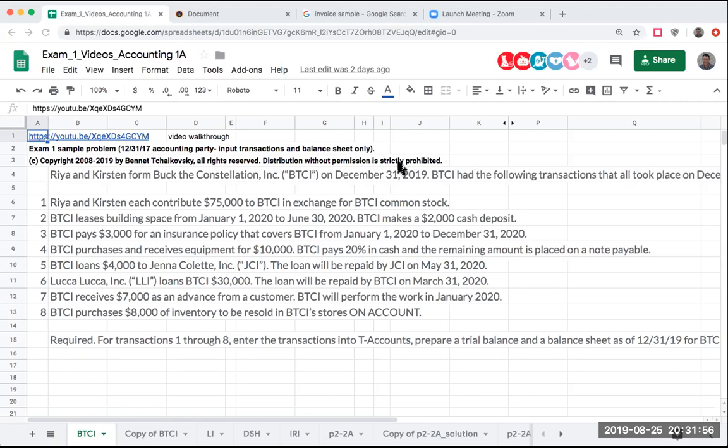I have a question with the spreadsheet. Sure. Everything that's in there, it's due before the exam, or pretty much. So the purpose of the spreadsheet, for this exam one video in accounting 1A, is to create for you the typical types of problems that I will be putting onto my exams.